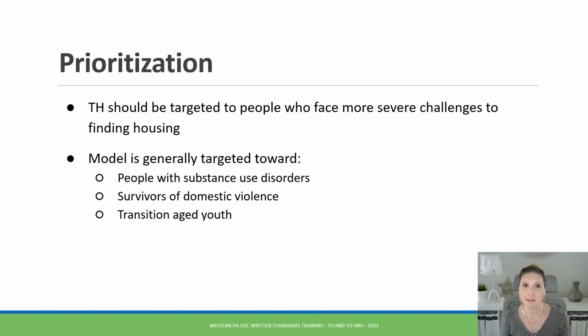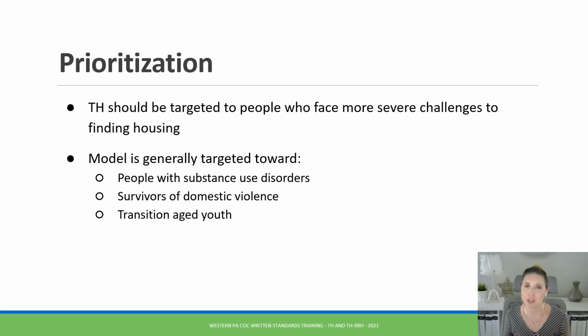So since the CoC has insufficient funds to meet all of the needs of those who encapsulate the entire universe of eligible households, there needs to be a prioritization process.